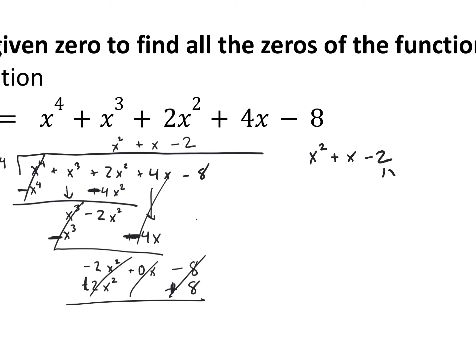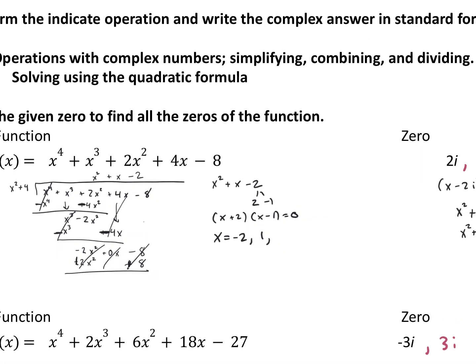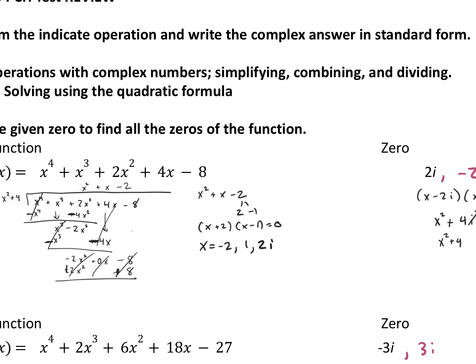So what are two factors of negative 2 that add to 1? Positive 2 and negative 1. So x plus 2, x minus 1. So my zeros are going to be negative 2, positive 1. I started with 2i and negative 2i.